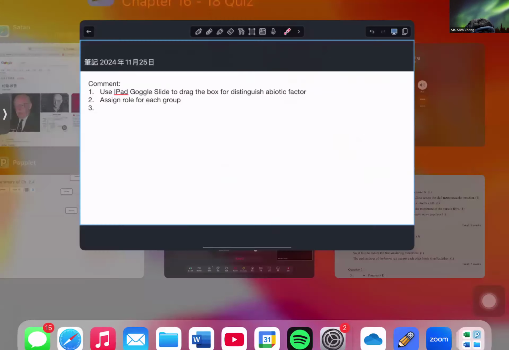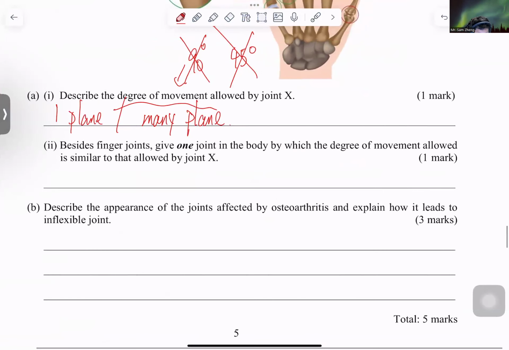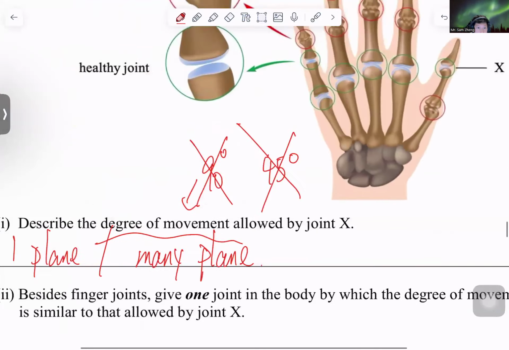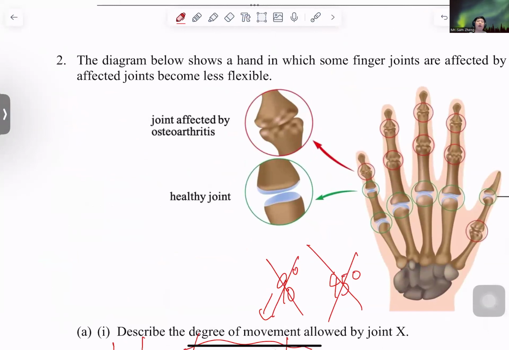Next, now we have some problems, some bone problems. This time, we can see for the healthy joint, it should have some cartilage. However, with that disease occurring, now the joint will no longer have the cartilage, and this will make the joint become less flexible.